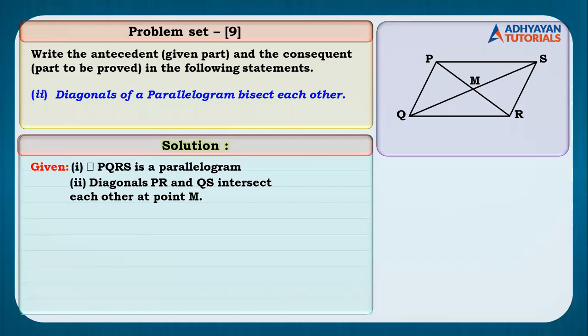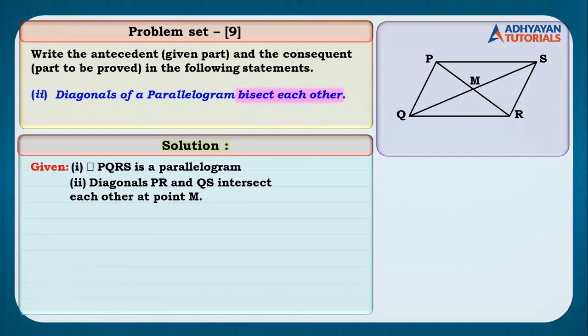And the word bisect means two lines divide each other into two equal parts. Dividing into two equal parts is basically the meaning of the word bisect. So I've used the word intersect in the given part and not bisect. The to prove part has to be that they bisect each other. Now bisect means dividing into two equal parts.